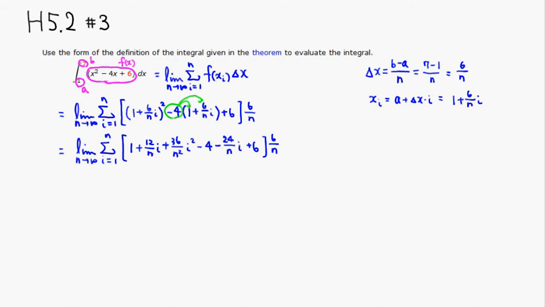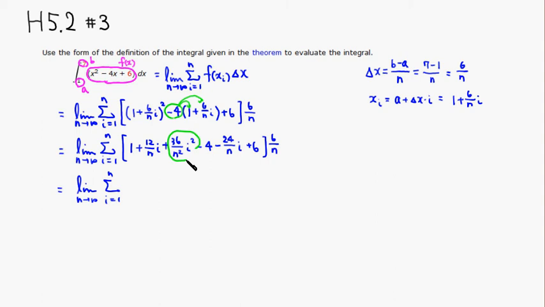Alright, let's clean it up. First, I'm going to collect all the like terms. Summation i goes from 1 to n. I'm going to collect the i squared term; there's only one.